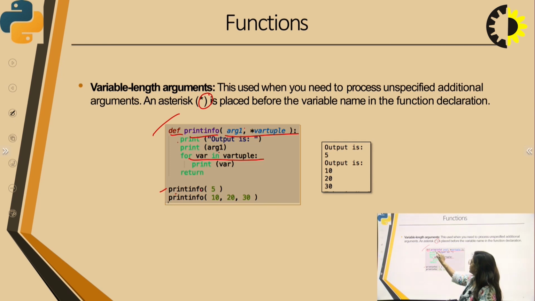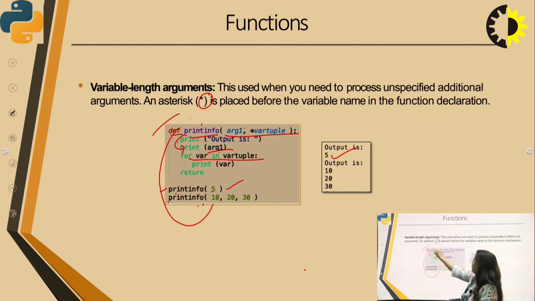The print info function is called here. First, we call the function and pass a single argument, so it prints only argument 1. So our output is 5. Next, we call the same function print info again, but here the length of the variable is 3.